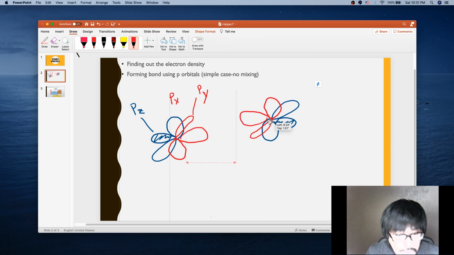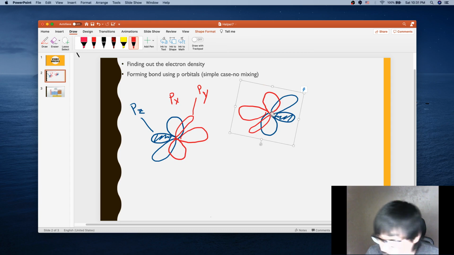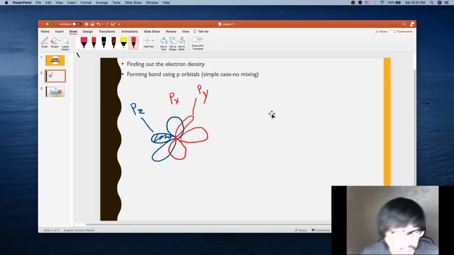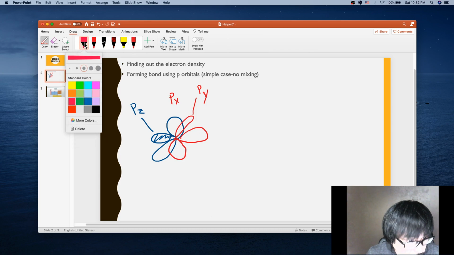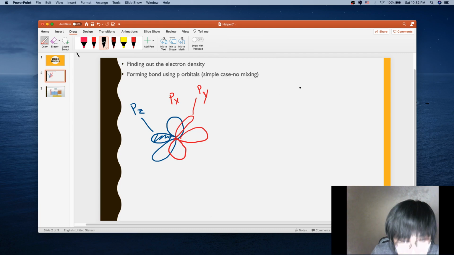Now that's good for a molecule with two atoms, but when you have maybe three objects, for example BH3.